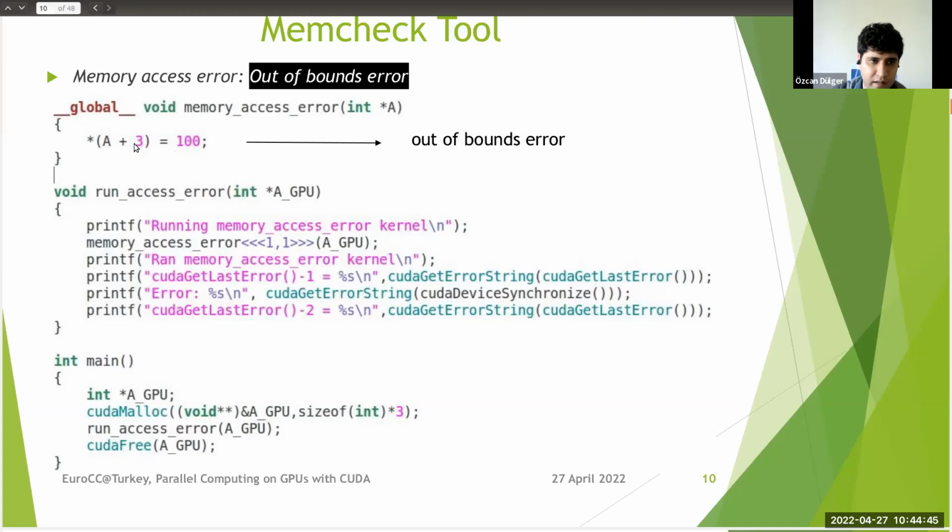By adding 3 to the address of the array, we are trying to access the 4th element of the array. But our array consists of 3 elements, so we get out of bounds error. And we create our kernel with a single thread and single block in this example.